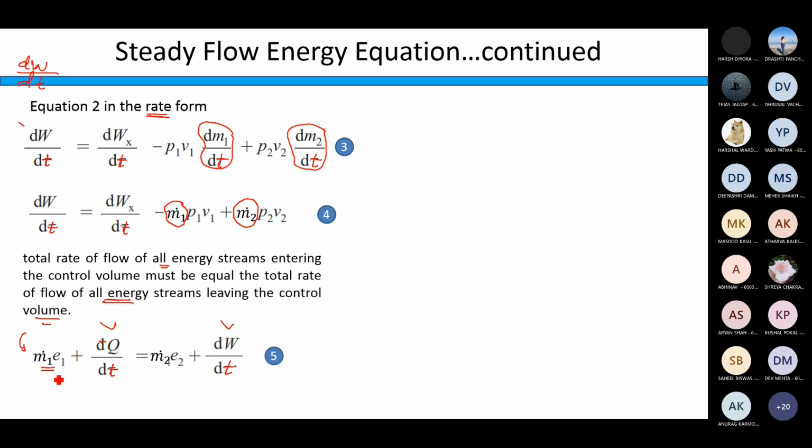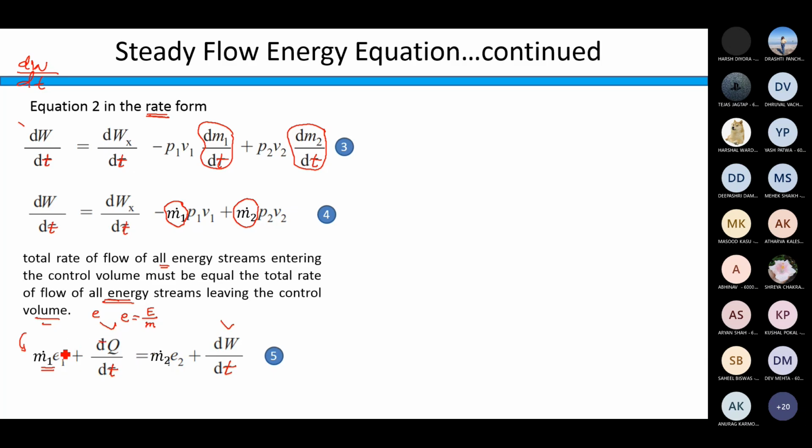Now what is this term m dot 1 E1 and m dot 2 E2? What is small e? What is capital E? Capital E is the total energy, no? This total energy per unit mass is nothing but the specific energy, or energy per unit mass.